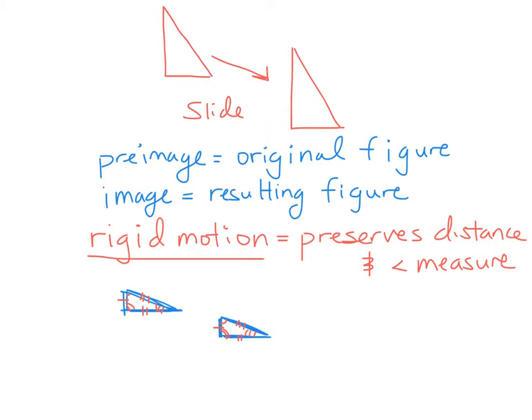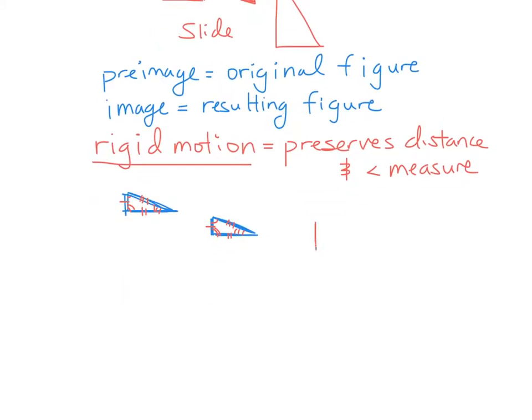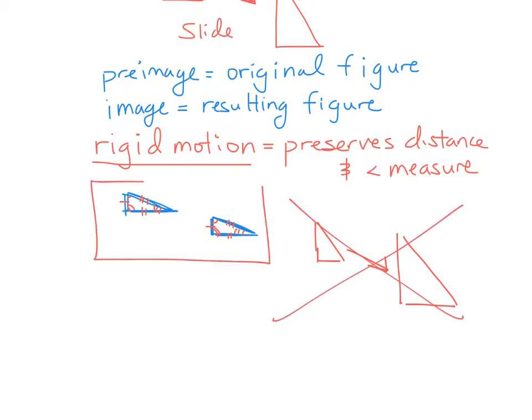In other words, what would not be a rigid motion is if I had this triangle to start and it became this triangle. So it slid to a new place, but it got bigger. That is not a rigid motion. This is considered a rigid motion. So if it stays congruent to what it started as, it is a rigid motion.